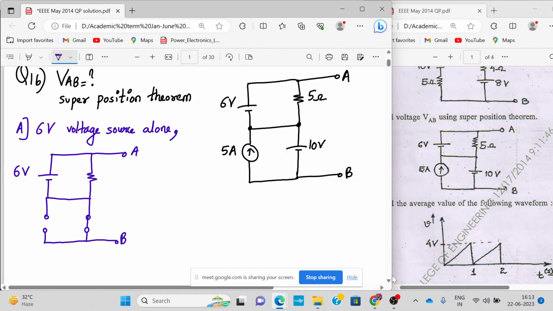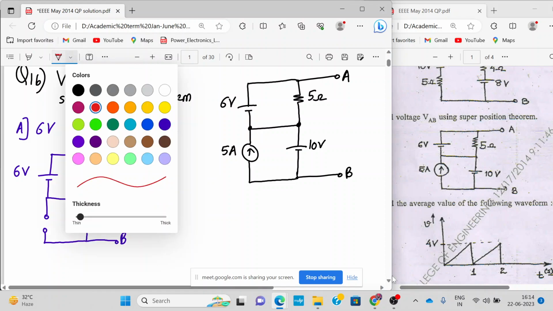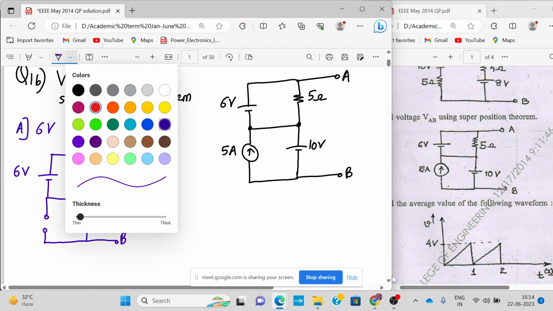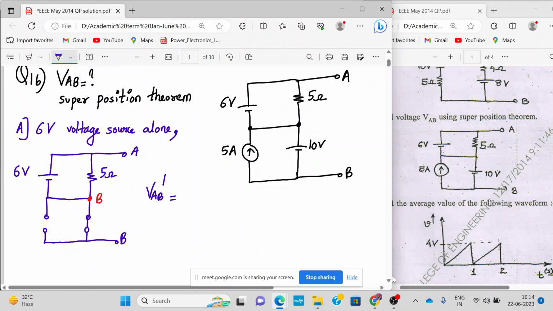Tell me what will be the value of VAB here. Let me call it VAB dash. See, this point is connected to this point, so this point is as good as B only. The parallel voltage connected to VAB is 6 volt.